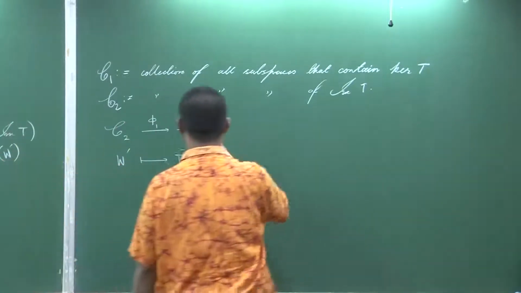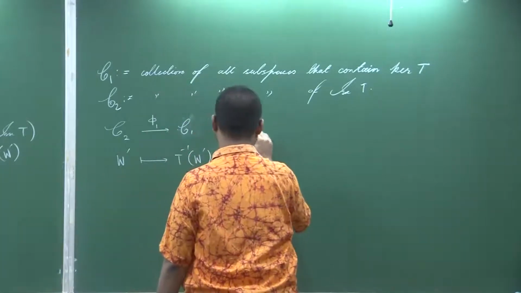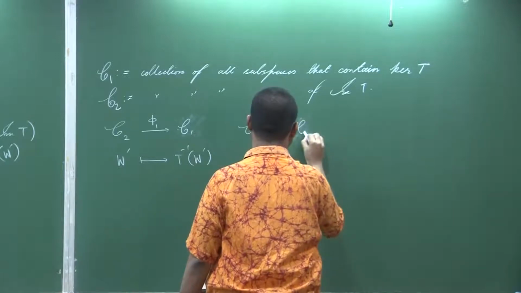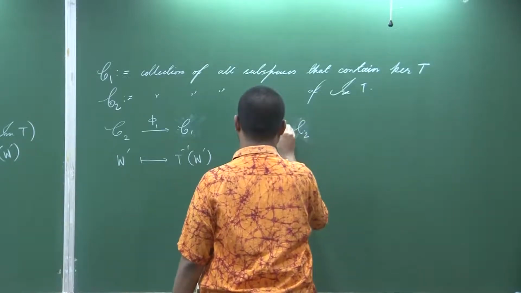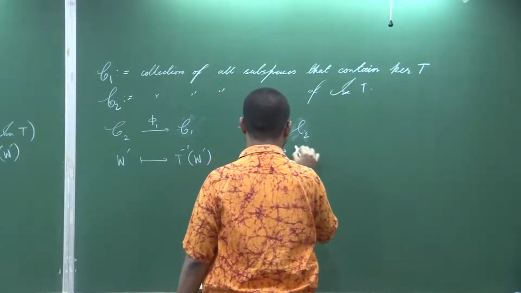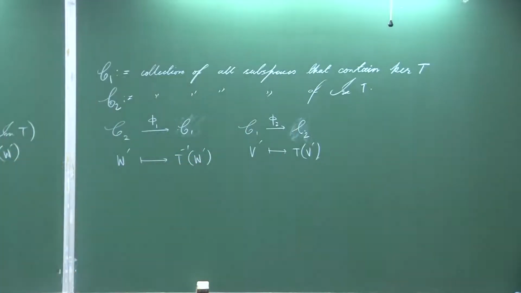And on the other hand we have an obvious map from C1 to C2. Let us call it phi 2. What is that map? A typical V prime is mapped to T of V prime. Okay. So, we have two collections.